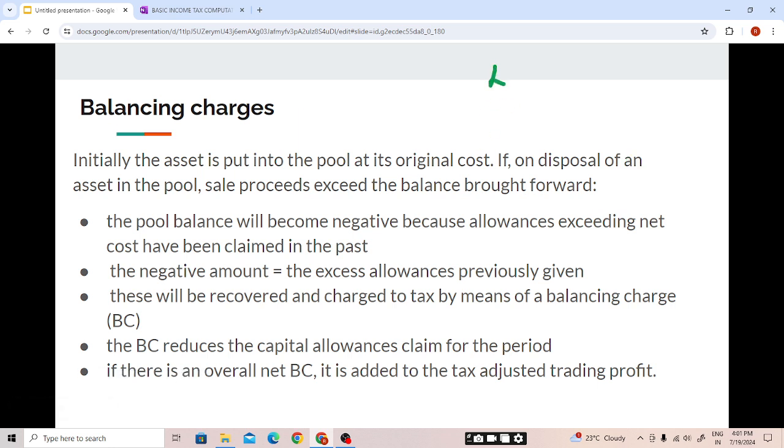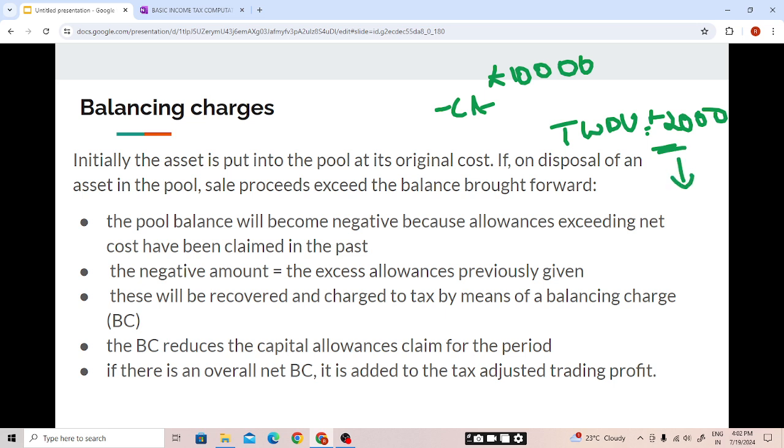Let's take an example. The asset cost 10,000 pounds. We had claimed the capital allowance, and our tax written down value is 2,000 pounds, students.